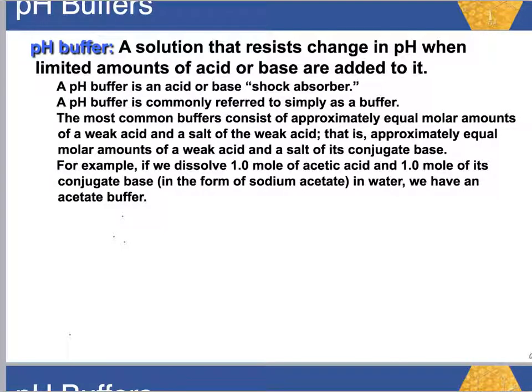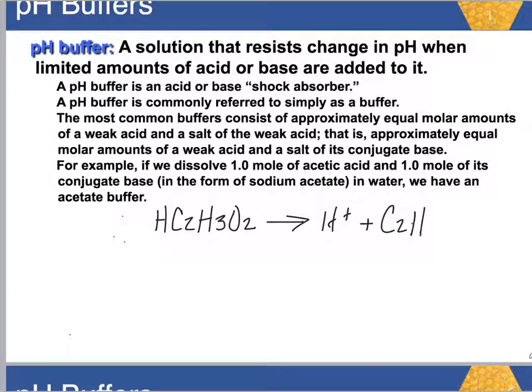For example, if we dissolve 1 mole of acetic acid and 1 mole of its conjugate base in the form of sodium acetate in water, we have an acetate buffer. So let me explain that. Acetic acid is HC2H3O2. If I were to separate this into its ions, I get H plus and the acetate ion.